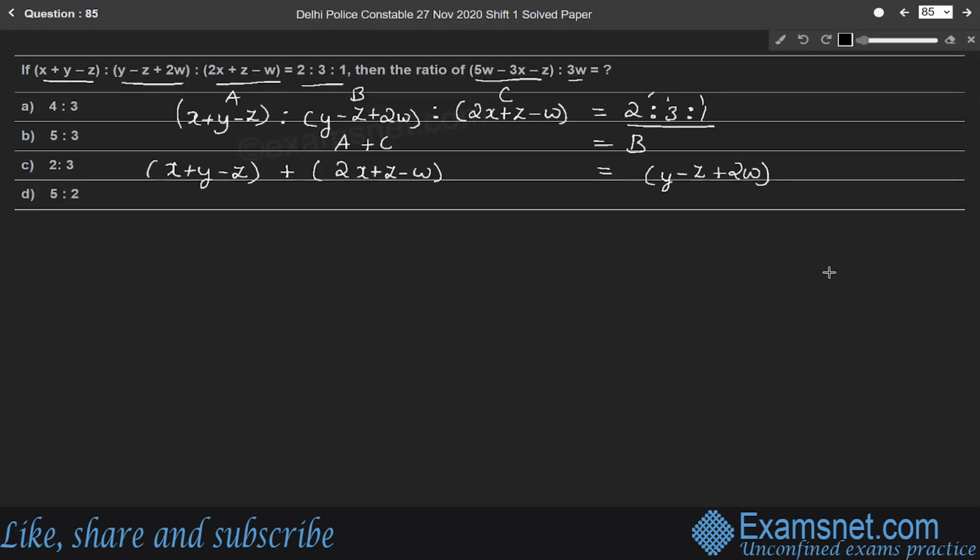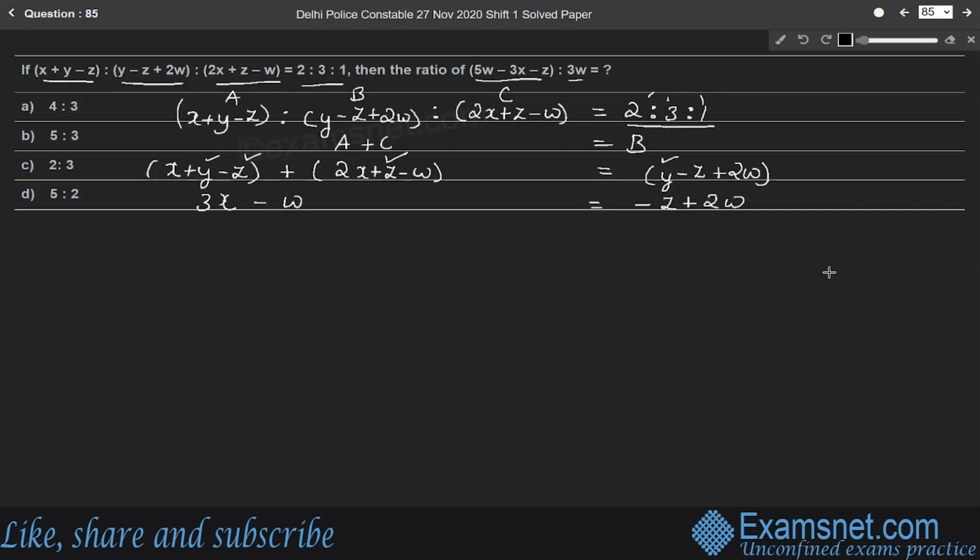Therefore, y and y on the two sides get cancelled, and z and z on the LHS get cancelled. So x plus 2x is 3x. 3x minus w is equal to minus z plus 2w.